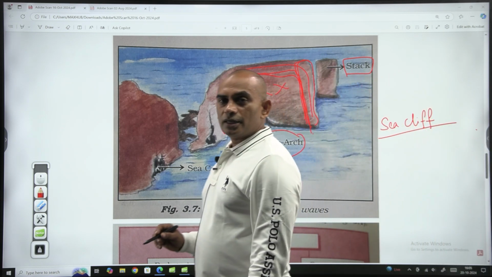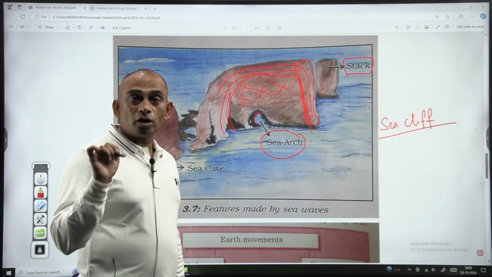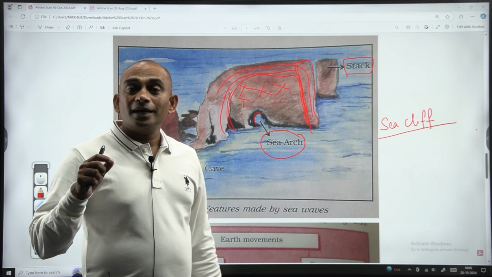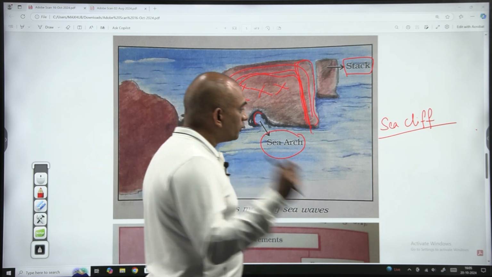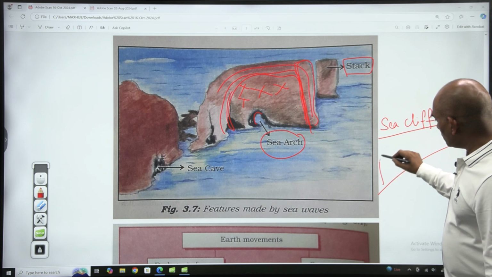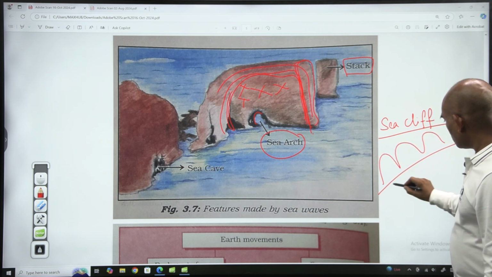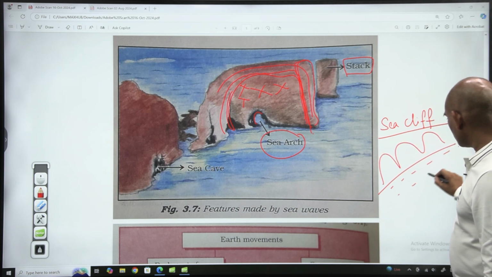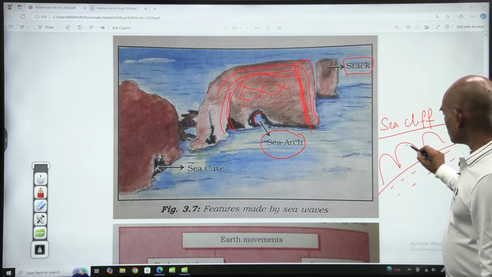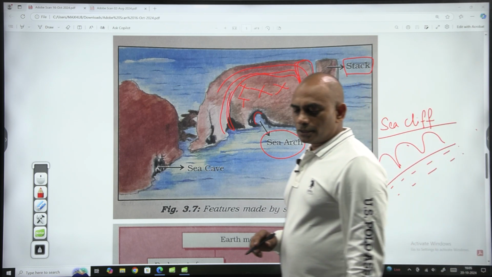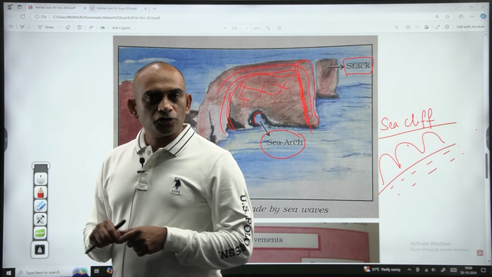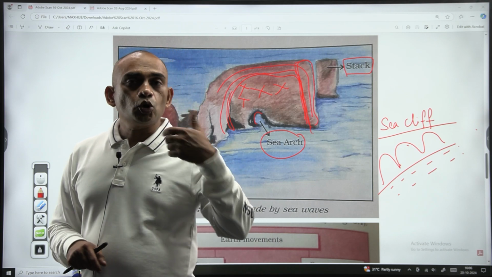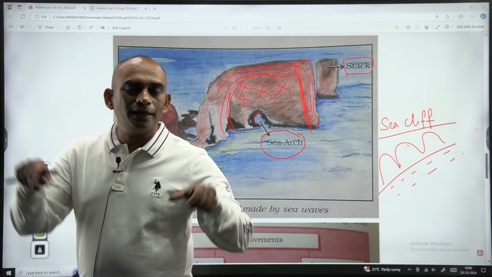A sea cliff is nothing but a steep rocky coast rising vertically above the water. It looks like this. So this is sea and this is a rocky structure. You would come across this kind of landform in the North Sea or in the Ireland area.